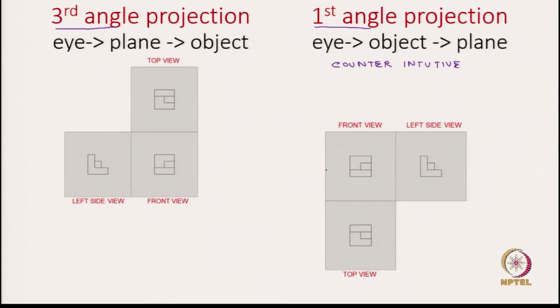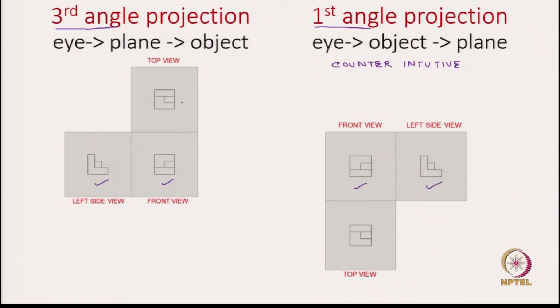Okay. But there is one important point to note. What changed between the first angle projection and the third angle projection? The views are the same. If you compare the front view between both angles of projection, they are the same. Also, if you compare the left side view, there is no change, both look the same.